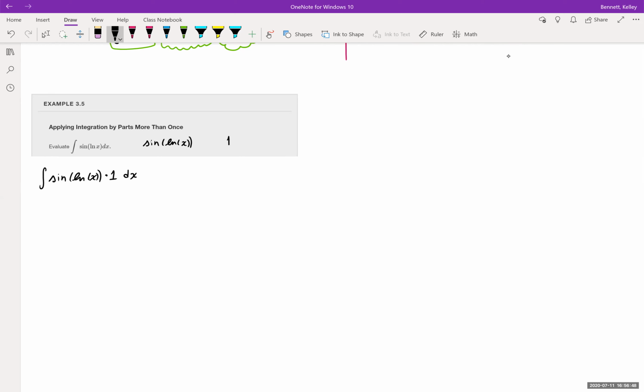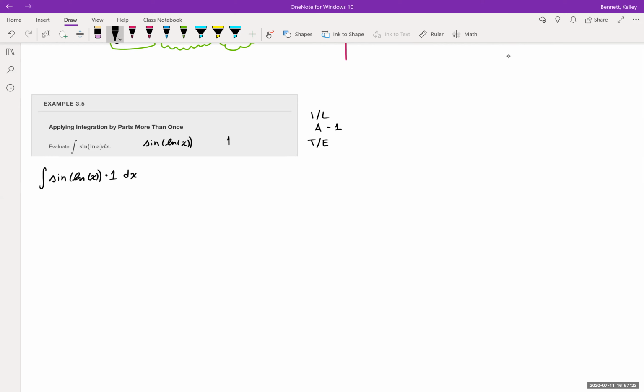So now you want to think again about this ILATE thing. And 1 is definitely algebraic. It's just a constant polynomial or a degree 0 polynomial. But where does sine of ln of x fit in? Is that going to be trigonometric, or is that going to be logarithmic?